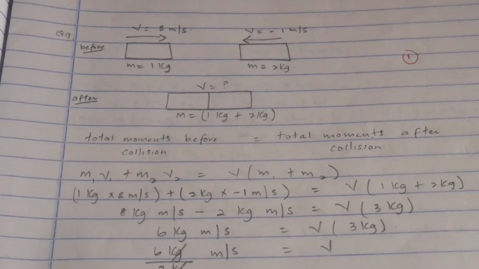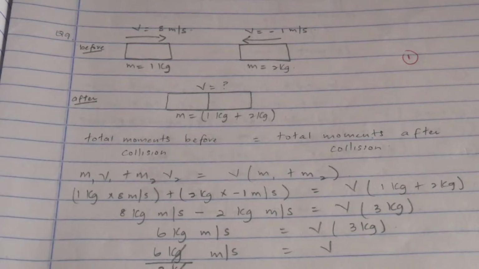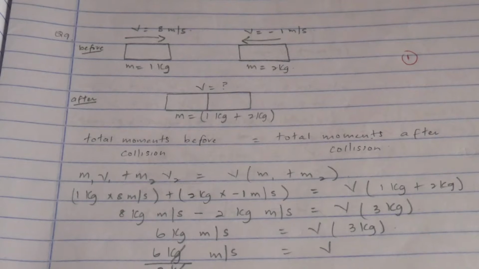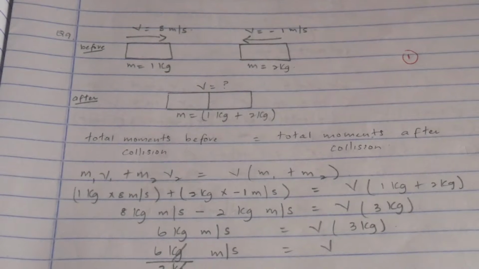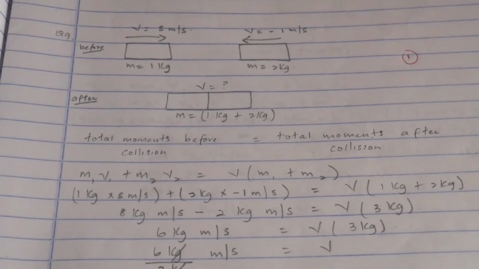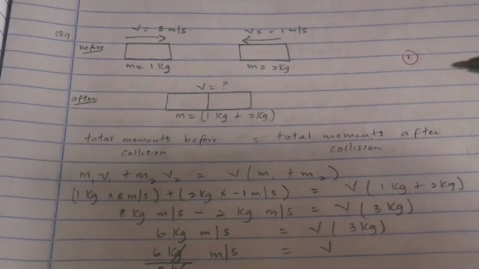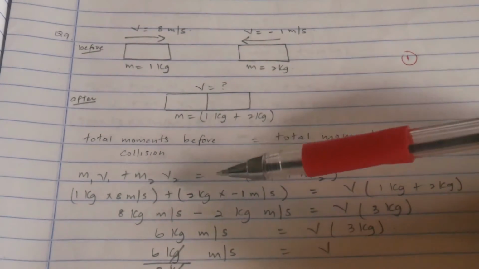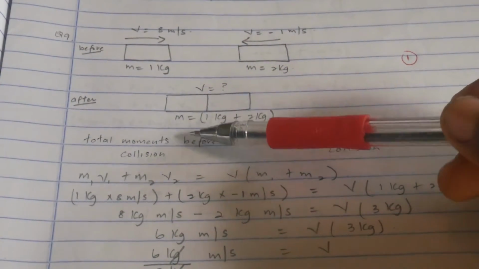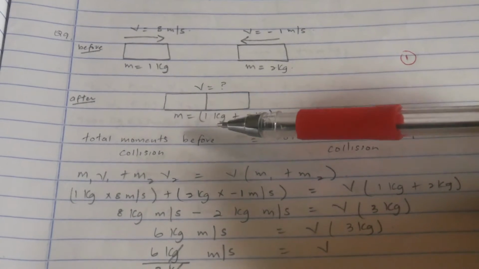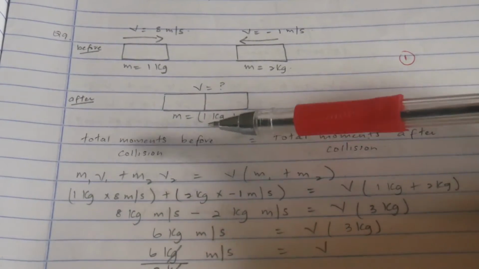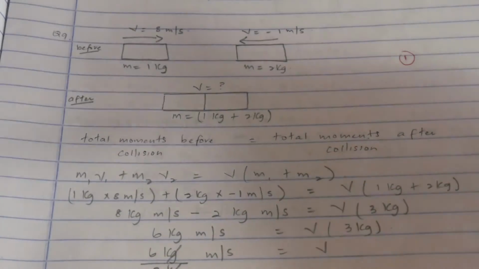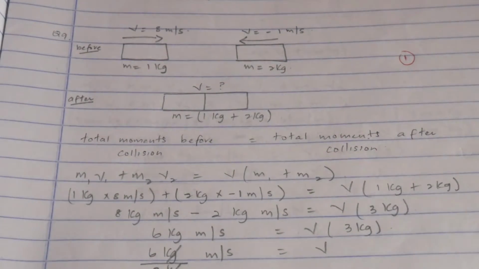We see the convention is up is positive, down is negative, right is positive, and left is negative. So in the diagram for number 9, we had a 2 kg block going left initially. So for total momentum before collision, u1 should be equal to -1 meter per second, because that block is going left.